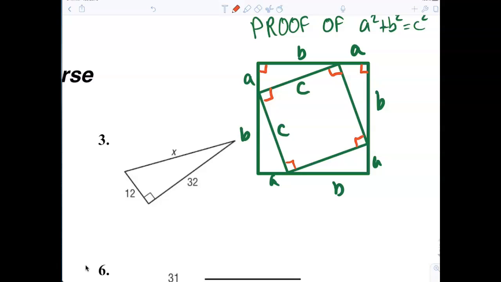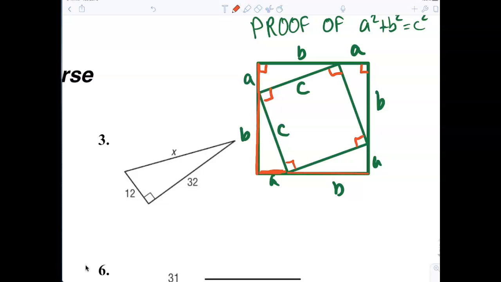Now if you tilt the square, it's obviously smaller. This distance from here to here is what? A. And this distance from here to here is what? B. If you tilt it the same way, the same exact length will be down here also. Does everybody see what I tried to demonstrate?